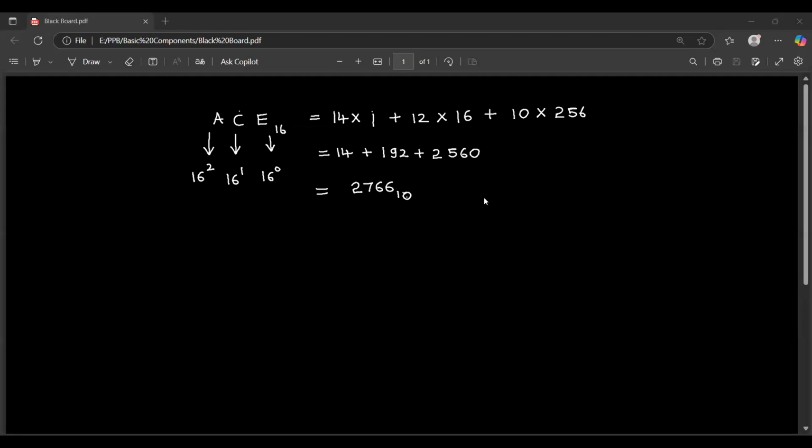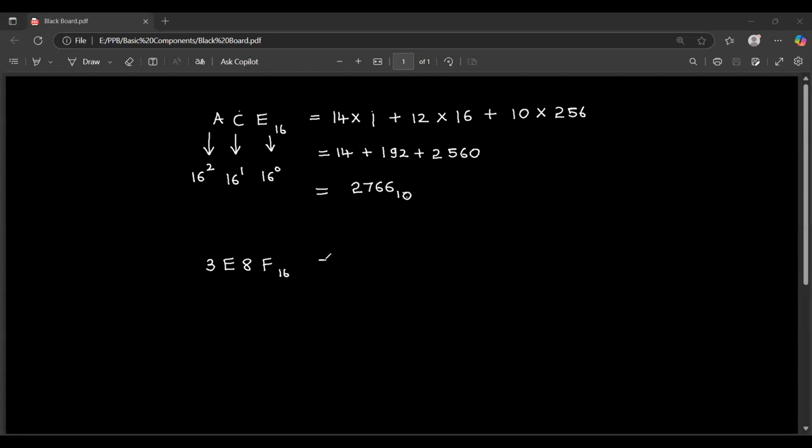Now let's try a bigger one. Maybe like 3E8F. Let's try that. So let's convert 3E8F to the base 16 to decimal.